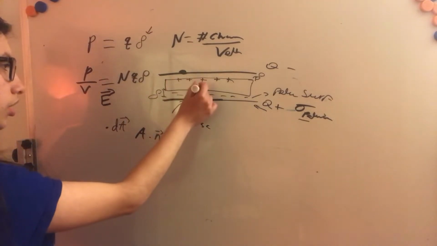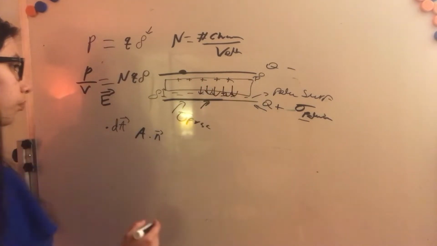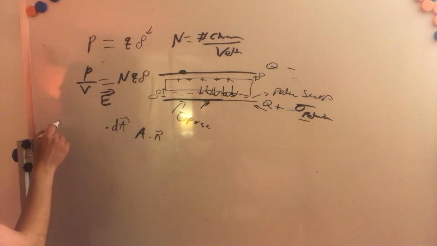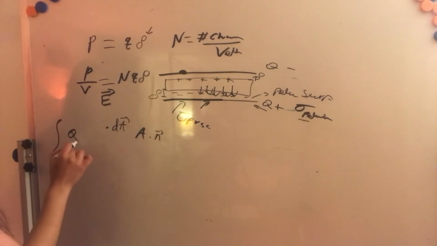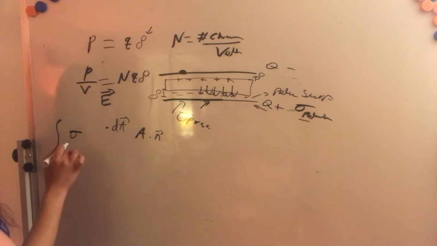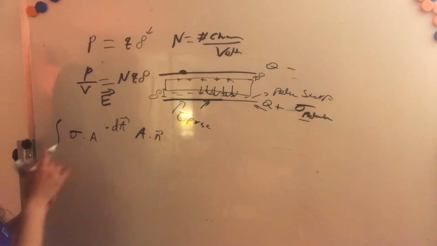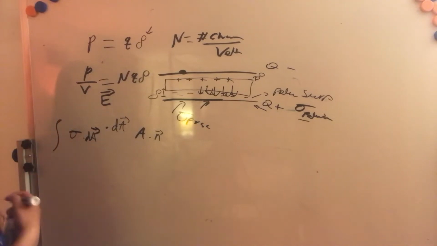So the charges that would be flowing here would be the integral of the surface charge density times the area.